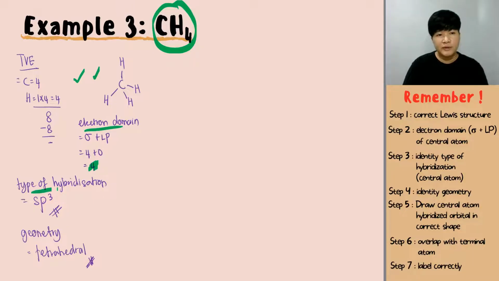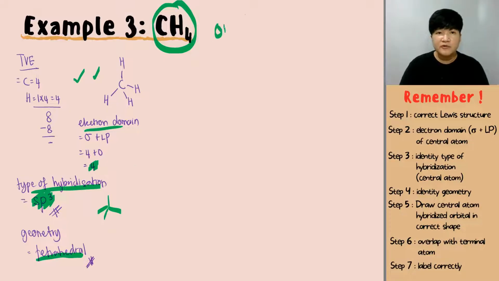Knowing the electron domain, the hybridization of your CH4 is sp3. Knowing that your sp3 will be the geometry of tetrahedral. So, kind reminder, tetrahedral looks something like this. So, when you draw your sp3 hybridized orbital, it must be arranged in the shape of tetrahedral.